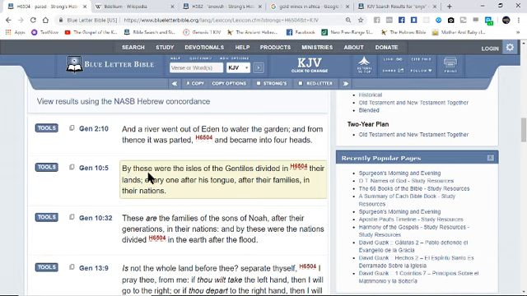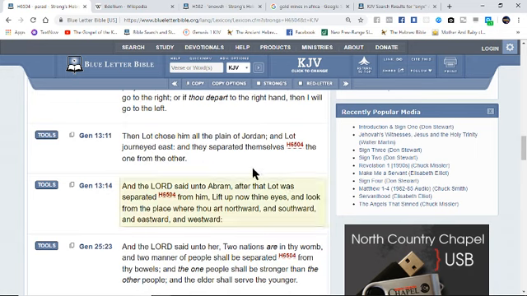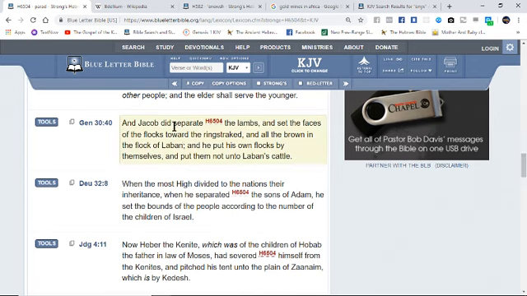As you can see, by these were the islands of the Gentiles divided, a separation, divided, separate, separated. So again, separated, severed.